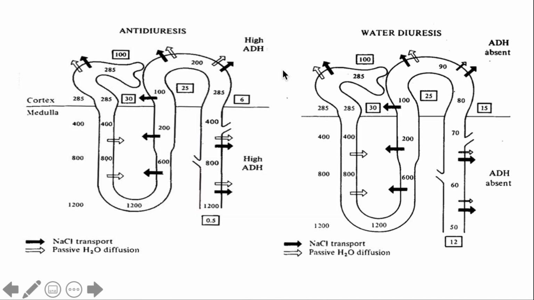Here's that visual representation of what the osmolality looks like when you have ADH versus when you don't. With high ADH, you're going to end up with really concentrated, low amounts of urine. Without ADH, you're going to have a large amount, up to 12 liters of urine with a very, very low osmolality.